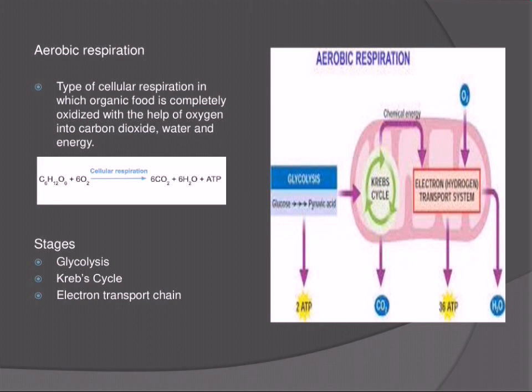The same way here, when these electrons move through the system, they release energy, and this energy is trapped by ADP to synthesize ATP. ATP is the energy which can be absorbed by the plant body. This is called oxidative phosphorylation.